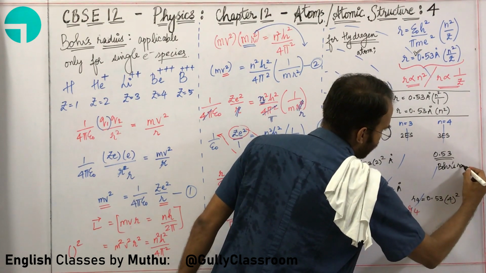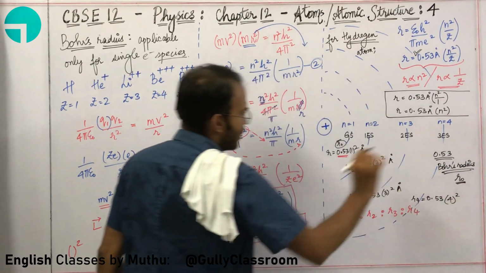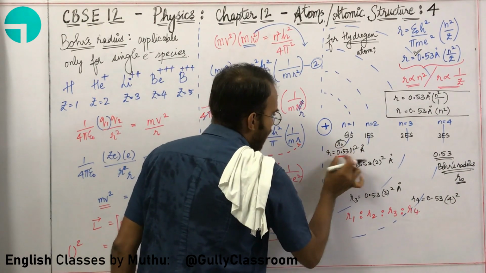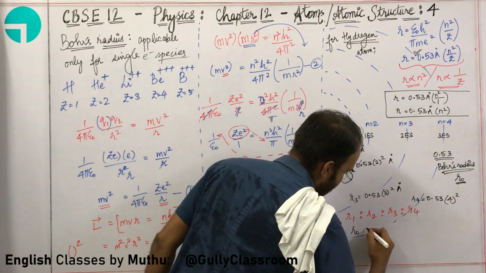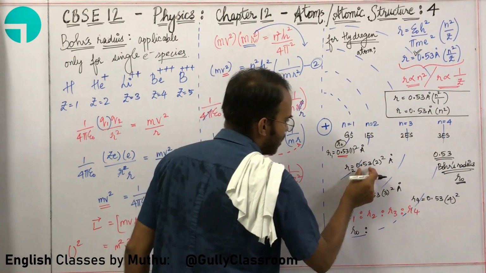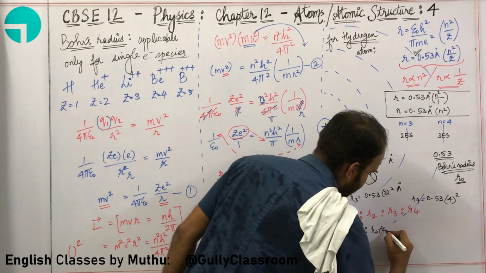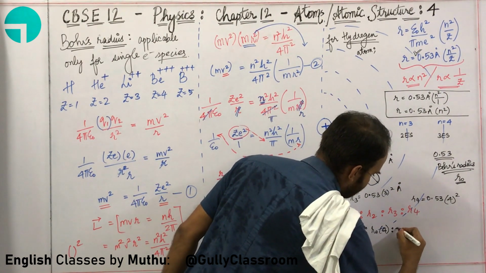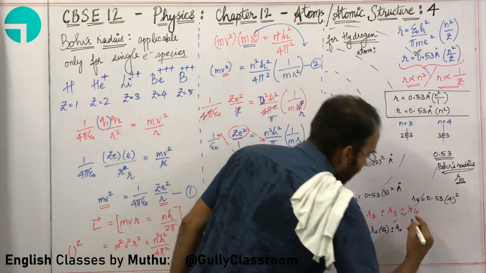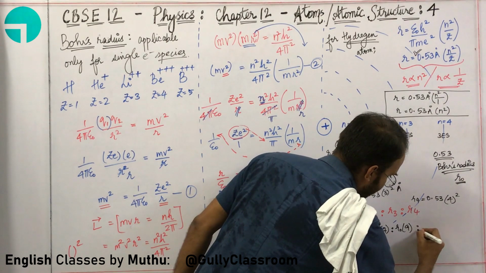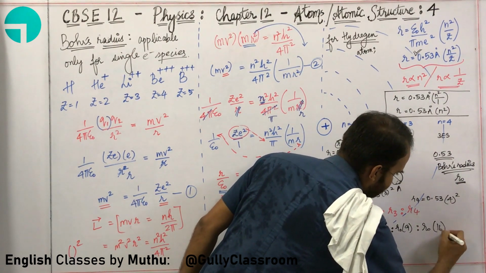Okay, so here what is my R1? R1 is simply R0. What is my R2? R0 into 2 square, it is 4. Then the radius of the third shell, R0 into 3 square. The next thing, R0 into 4 square is 16.